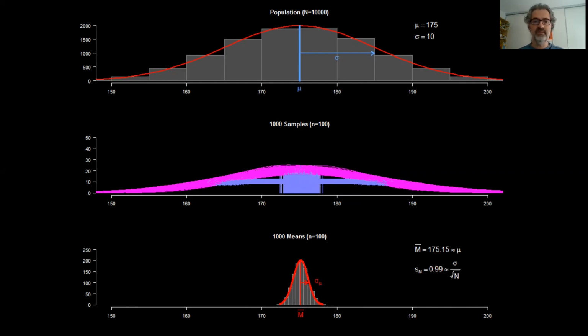The observed standard deviation for this distribution of means is 1/10 of the standard deviation of the population. Why 10th? Because the square root of 100, which is the sample size, is 10. And so the standard deviation divided by 10 is what we expect and is what we got.